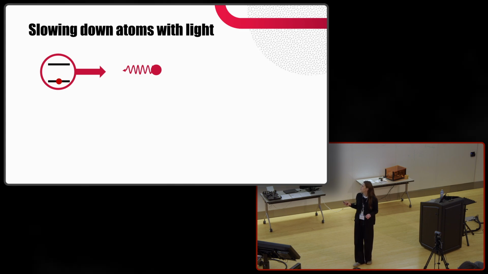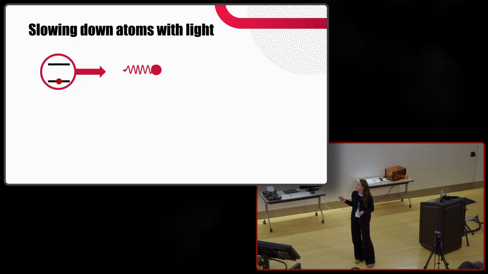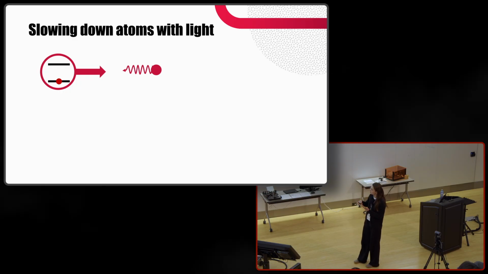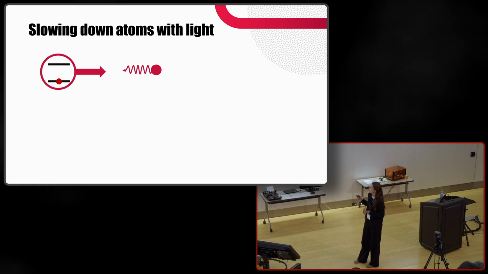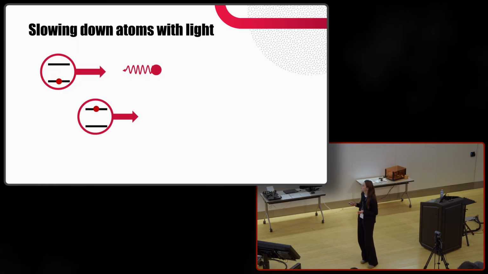Now we're good to move forward to slowing down atoms with light. Let's imagine that you have an atom in the ground state which moves to the right, and you have an electromagnetic field which is counter-propagating to the atom. We imagine that this light is on resonance with the atom, therefore it can be absorbed.